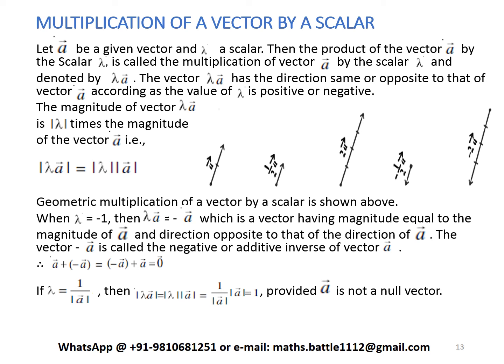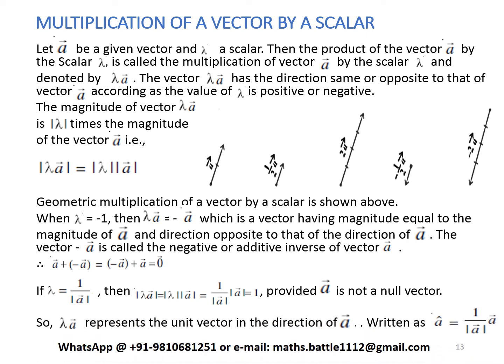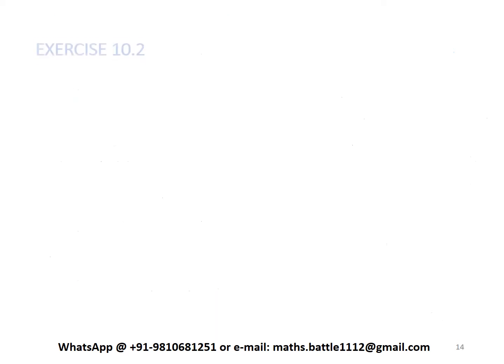If it is a null vector, then mod A is equal to 0, so 1 upon 0 is not defined. So lambda A represents the unit vector in the direction of A, written as A cap is equal to 1 upon mod A into vector A. So this is the formula to get the unit vector in the direction of vector A.